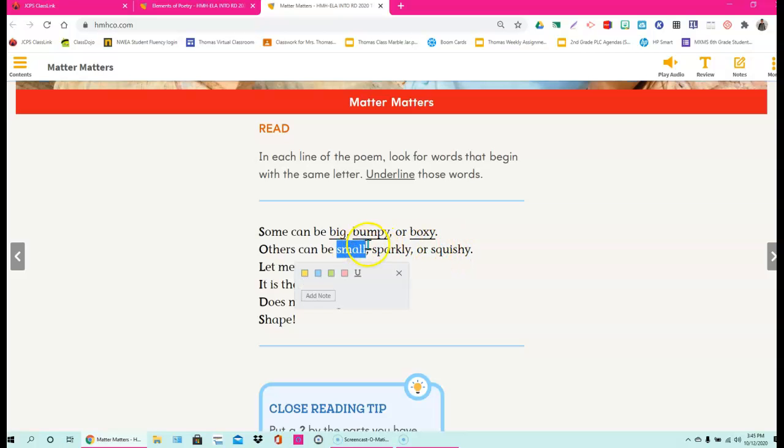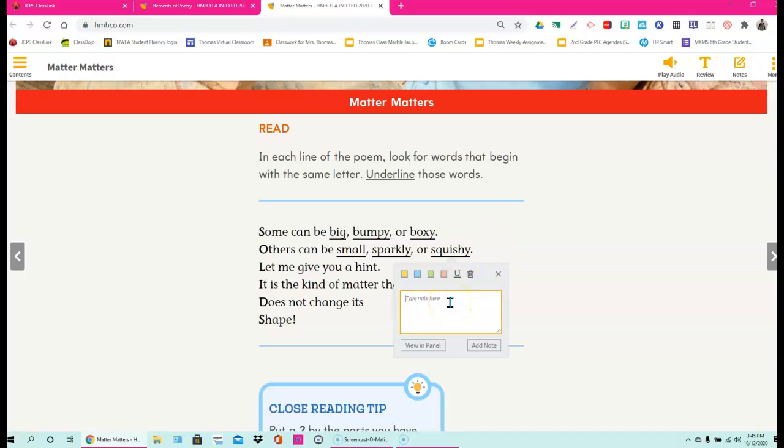So go ahead and underline those in your book. So again, this is alliteration. And I'm just going to put a little note beside it. So let me give you a hint. It is the kind of matter that does not change its shape. Okay, so what we just talked about here was alliteration.